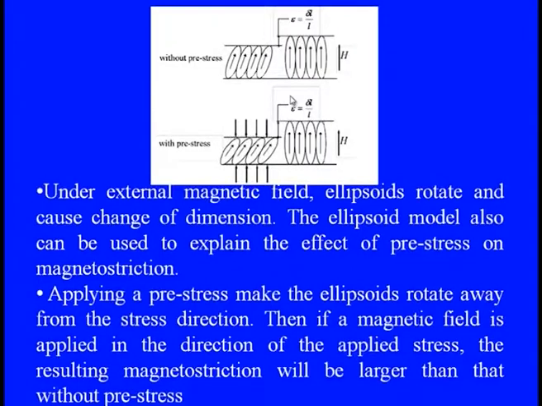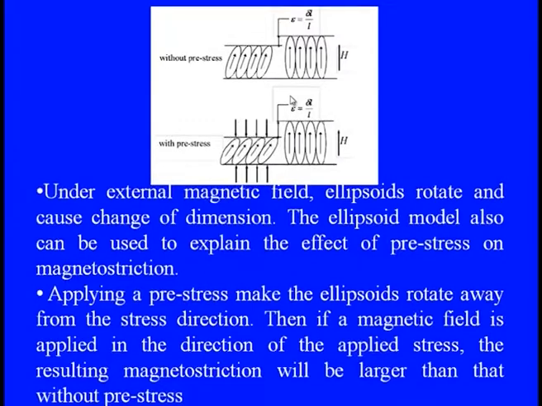So, the ellipsoid model can also be used to explain the effect of pre-stress, as we discussed here. When the pre-stress is applied, or when we have a preloading feature, some stress phenomena arise in the material, and the rotations are directed away from the stress direction.